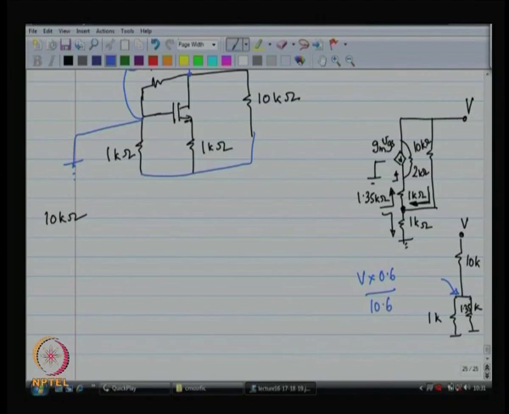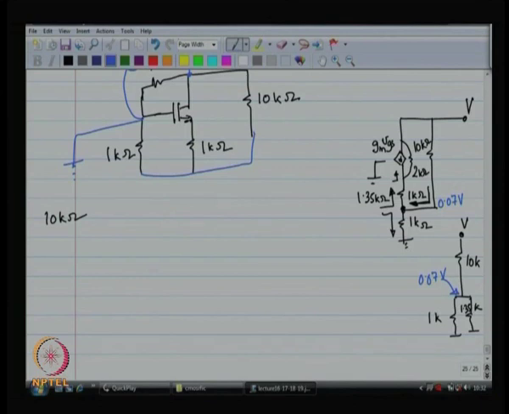Yeah, V by 14 or so. V times 0.07 or so. All right. So, once I know this, my life should be a little bit easier.